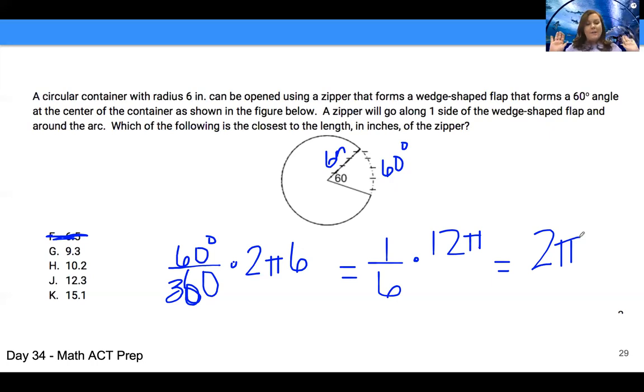I don't have a calculator with me, so I'm going to cheat a little. I know pi can be rounded down to 3. So what is 2 times 3? 6 plus another 6 is going to give me what? Around 12. And I rounded down from pi, so my answer should be more than 12. And your answer is going to be 12.3. A little logical reasoning in there.